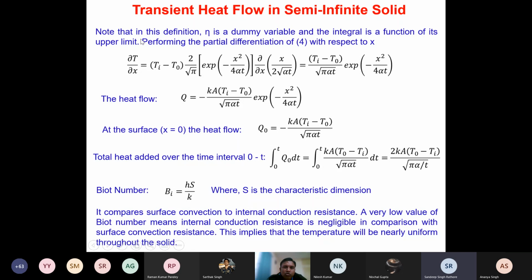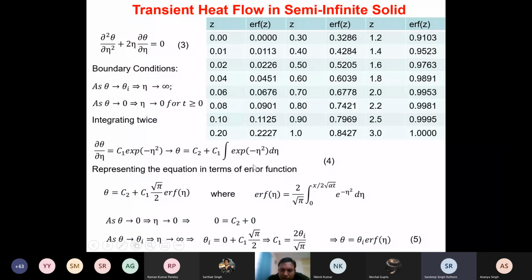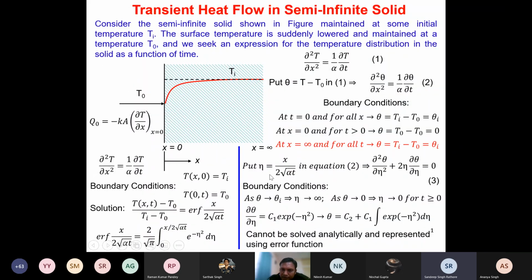On the left hand side, T naught is a constant, so dou t naught by dou x is 0, and we directly get dou t by dou x. On the right hand side, the theta I term, Ti minus T naught, we take out as it is, and then differentiate the term inside the integral. Now eta we have replaced by the actual variable, x by 2 under root alpha t.